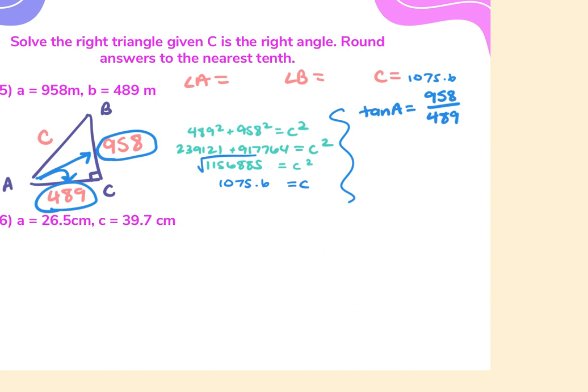The button on top of tangent says tan -1. I do tan -1 of 958 over 489, second tangent, 958 divided by 489, and I get angle A is 62.95. This is going to bump, so angle A is 63.0 degrees.